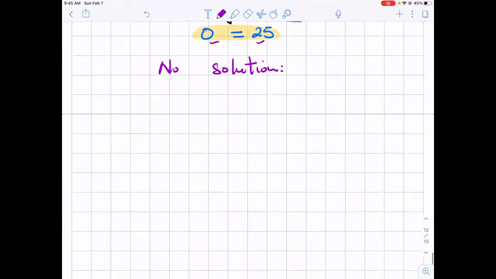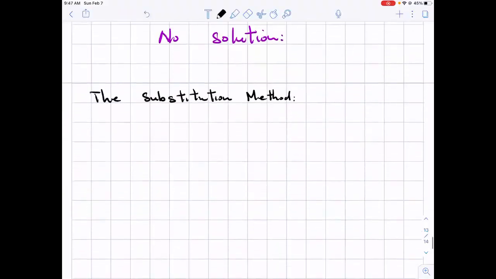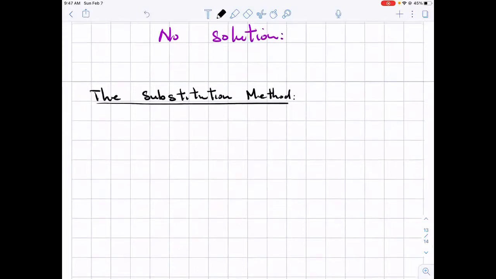Okay? Now, let's look at the last method here, which is the substitution method. Now, in the substitution method, there's a lot of algebra. So you're going to have three methods to work with. And like I said, there are more methods.